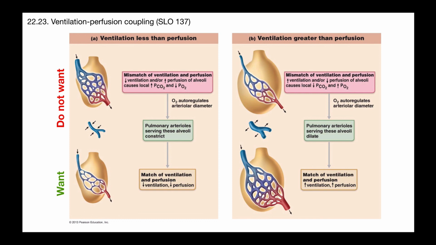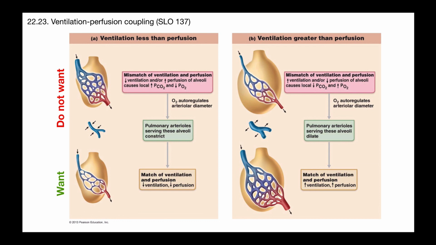That allows blood to enter that area. Now, we're going to talk about ventilation-perfusion coupling because you want to match the amount of blood being sent to an alveolus with how much ventilation is happening. To do the left column first, there's a mismatch where you have wide open capillaries, but the individual alveolus, which is being cartooned here, isn't inflated that much.